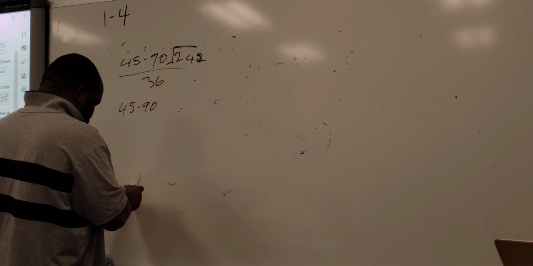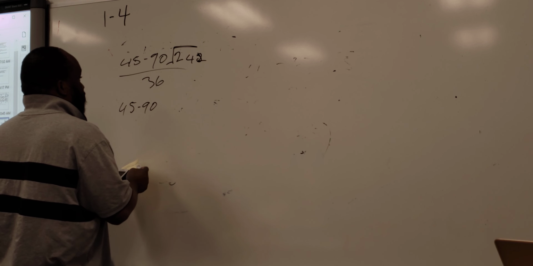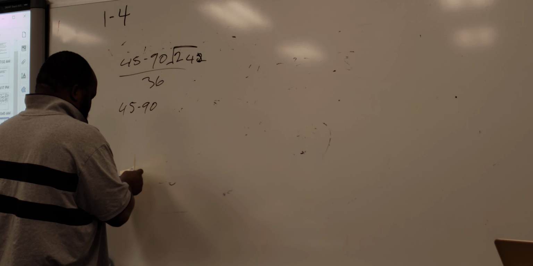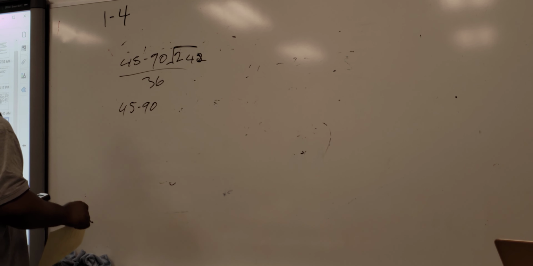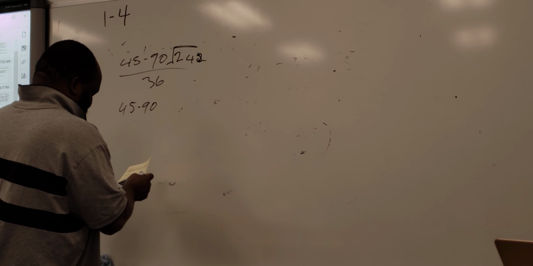And what's 90 times 11? Well, we have calculators. No, sir, 990. 90 times 11. Radical 2 all over. Okay, now what number can go into 45, 990, and 36 evenly?